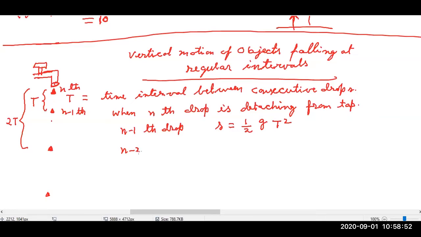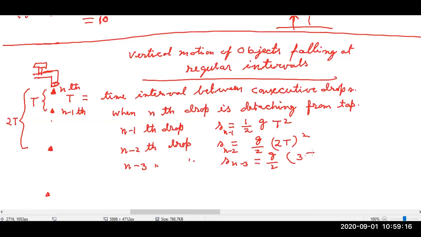Similarly, the n minus 2th drop will be g by 2 and the gap is time 2t, so 2t square. So this is n minus 1, this is n minus 2. Similarly, the n minus 3th drop will be g by 2 3t square.